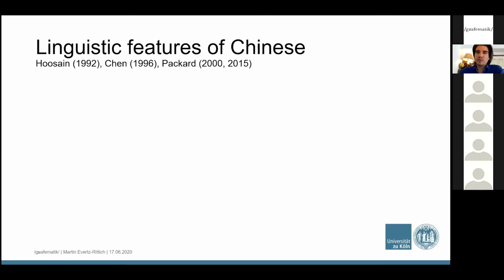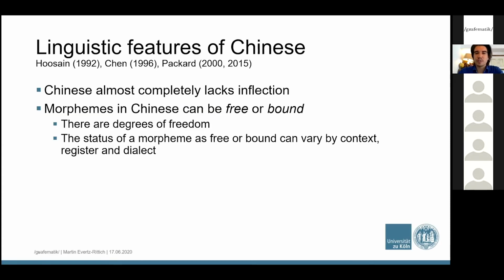What are linguistic features of Chinese that might explain the situation? First, Chinese almost completely lacks inflection. Then, morphemes in Chinese can be free or bound, but there are degrees of freedom. So some morphemes can be freer than others. And the status of a morpheme as free or bound can vary by context, register, and dialect.